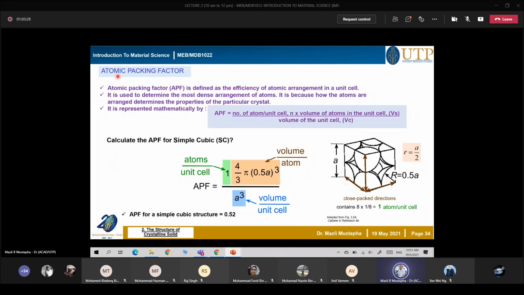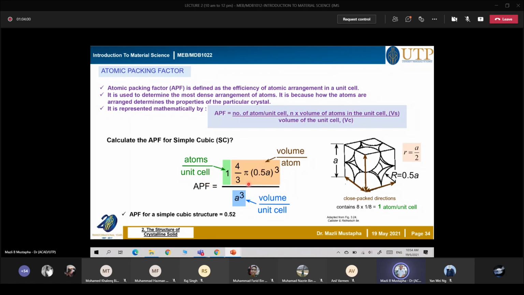We sometimes call it the APF. It is defined as the efficiency of the atomic arrangement in the unit cell. How do we find the most dense one? Later on we will find which of these three systems, body centered cubic, face centered cubic, or simple cubic, has the most packed atoms, and we will prove it by this calculation.